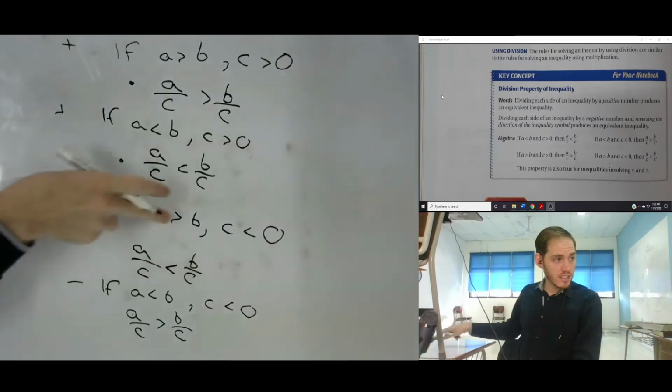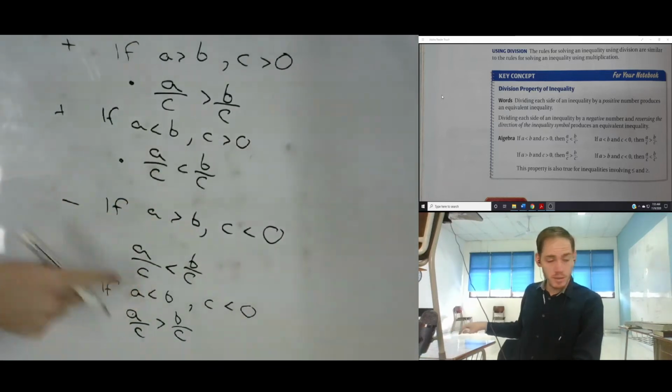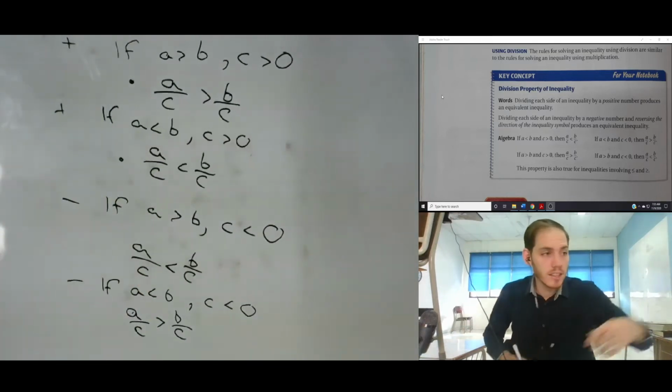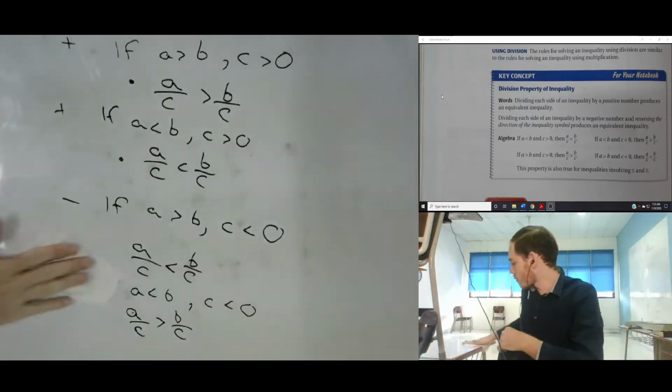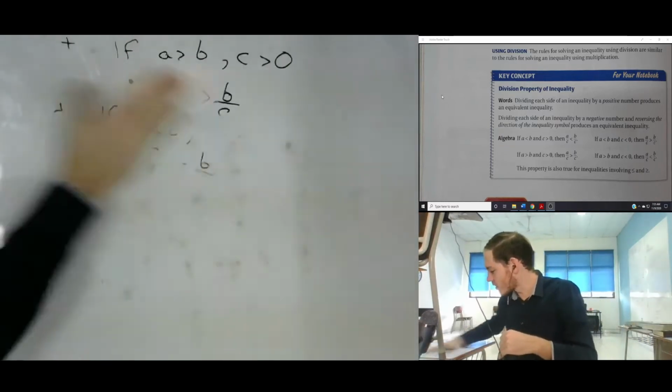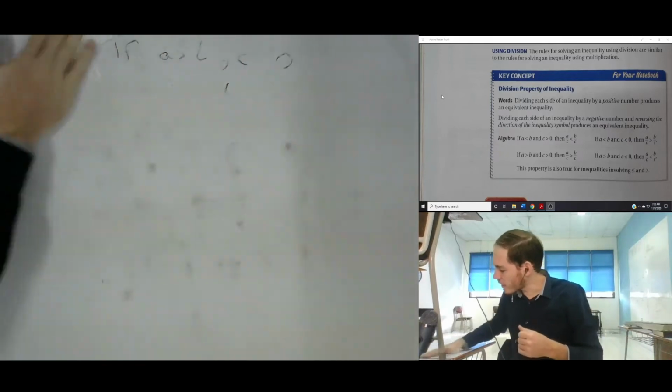With negatives, it flips the direction. That's positives and that's negatives for both multiplication and division.